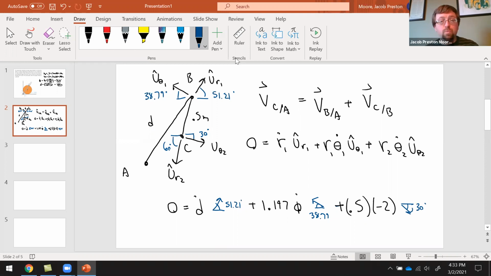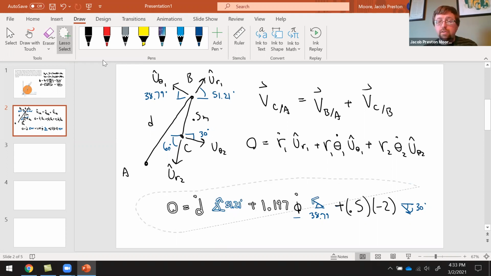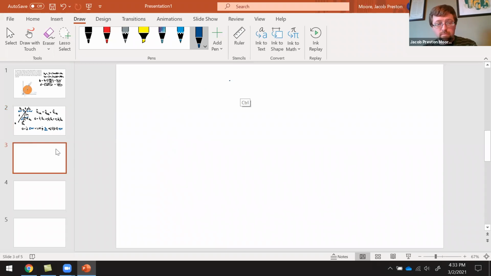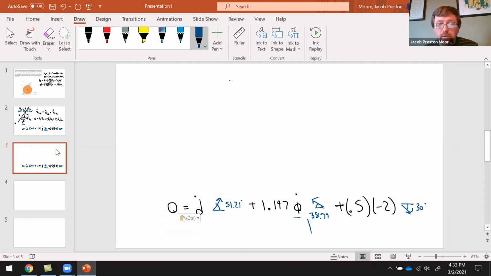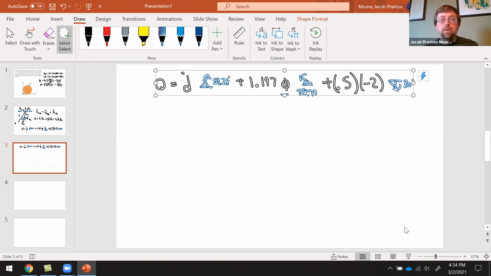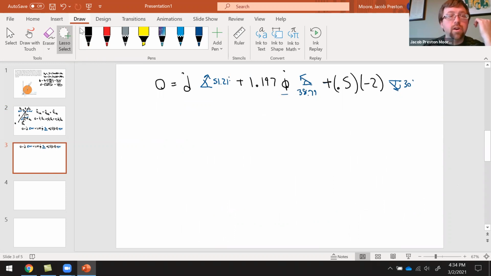I'm going to break that into x and y pieces and see if I can solve for, in particular, phi dot. All right, so let's take out the x pieces of this.